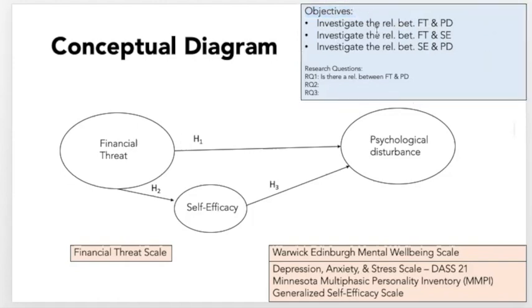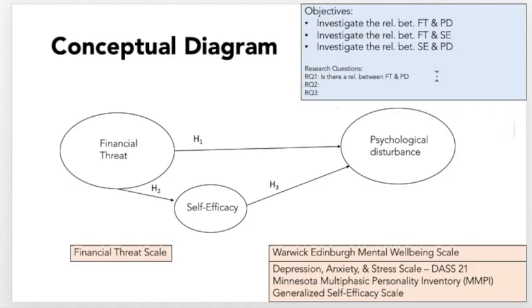Now, once you have your objectives, these objectives can be converted to research questions. We were talking about research questions. So what is a research question then? See, RQ1, research question 1: is there a relationship between financial threat and psychological disturbance? If someone asks me, what are you planning on studying?